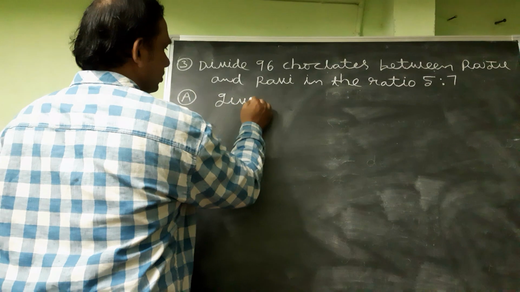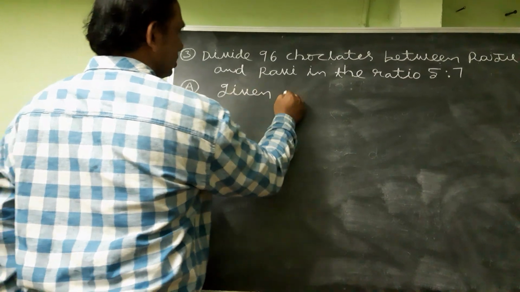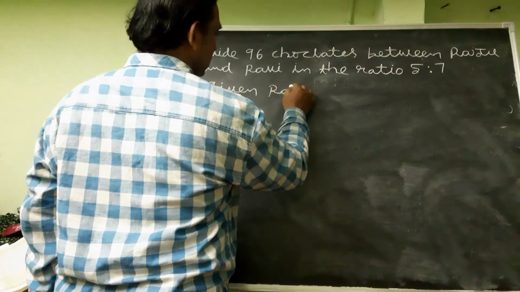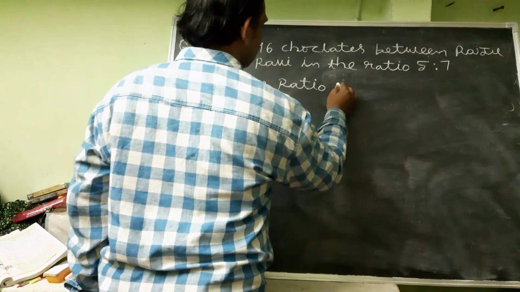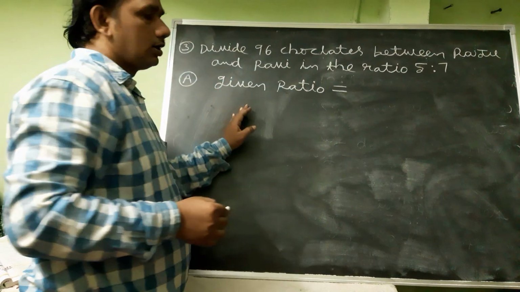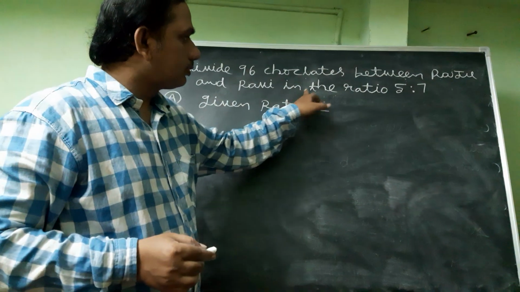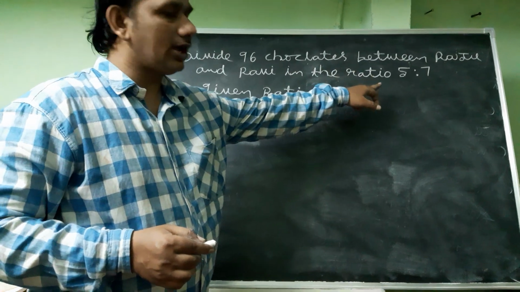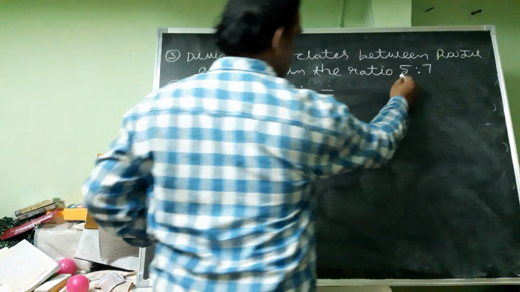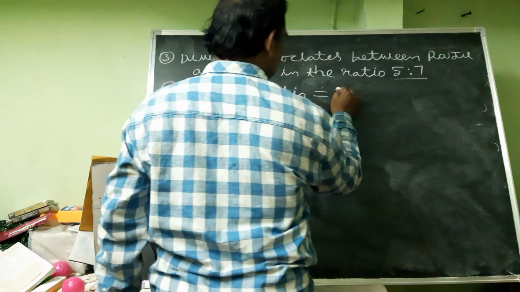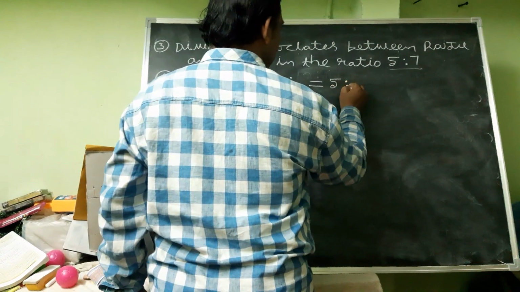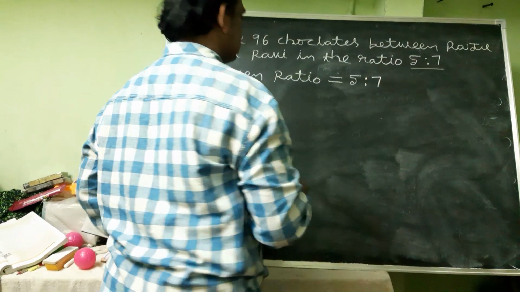Given ratio: in the problem the ratio is given as 5 is to 7. So this is the ratio.